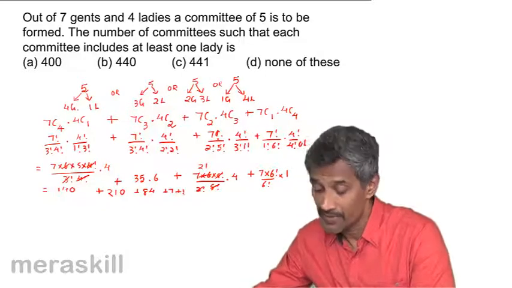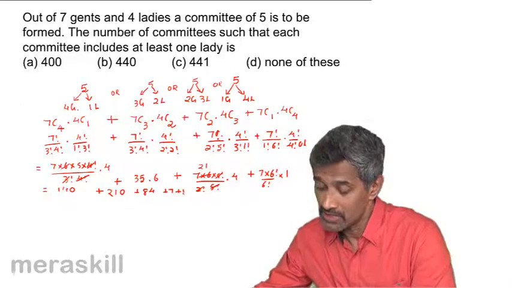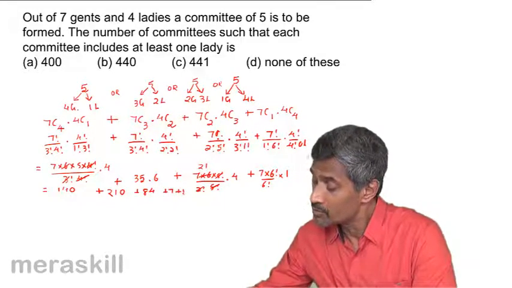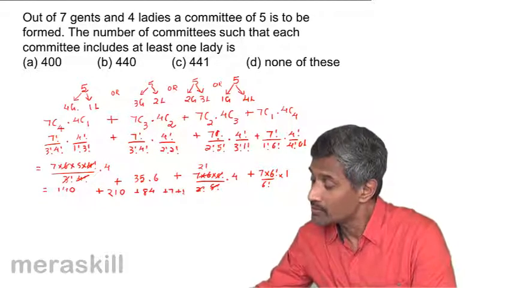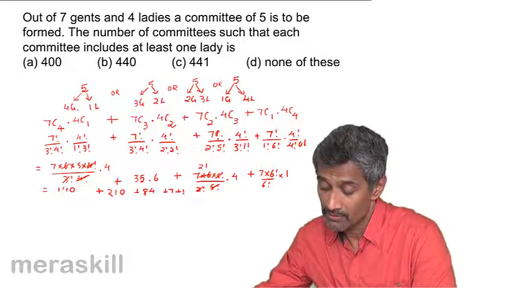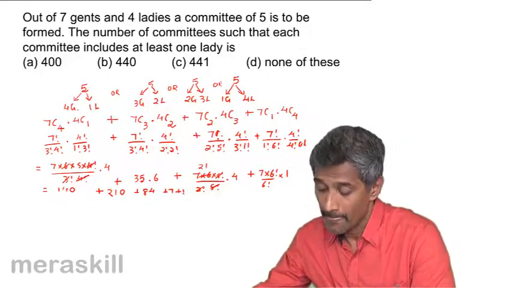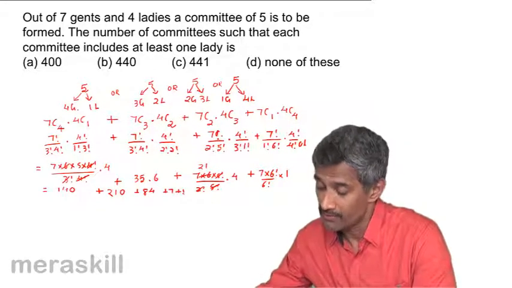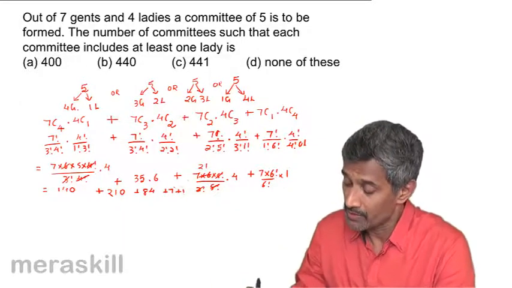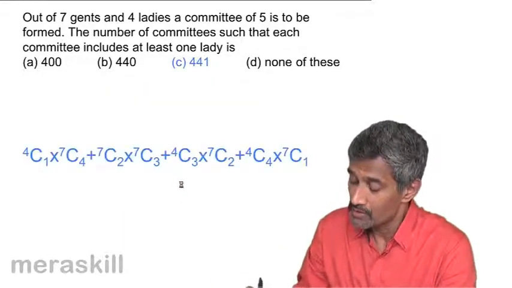What do we have here? We have 140 plus 210 plus 84 plus 7 plus 1. Sorry, here there is no 1 involved.